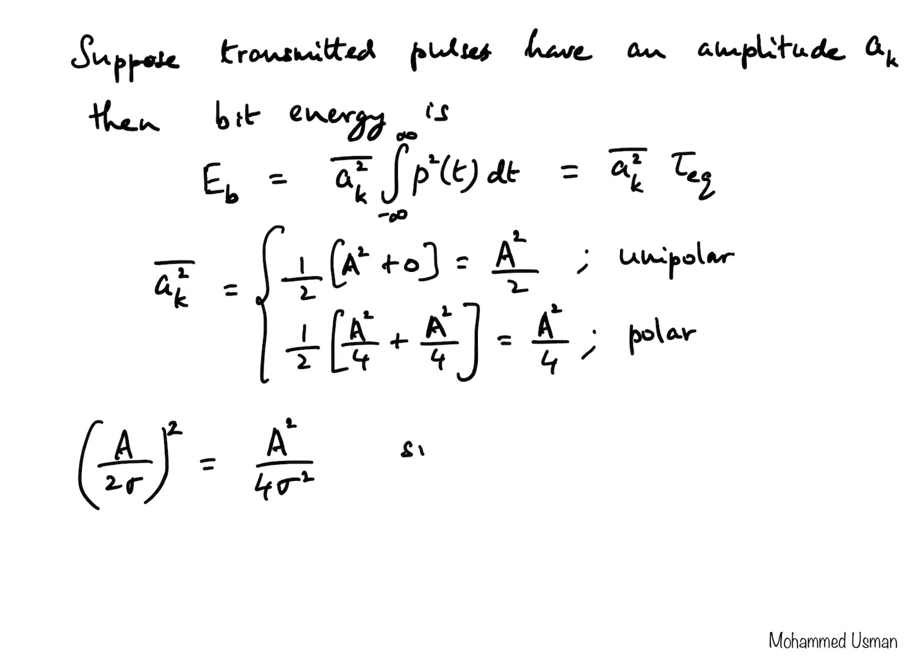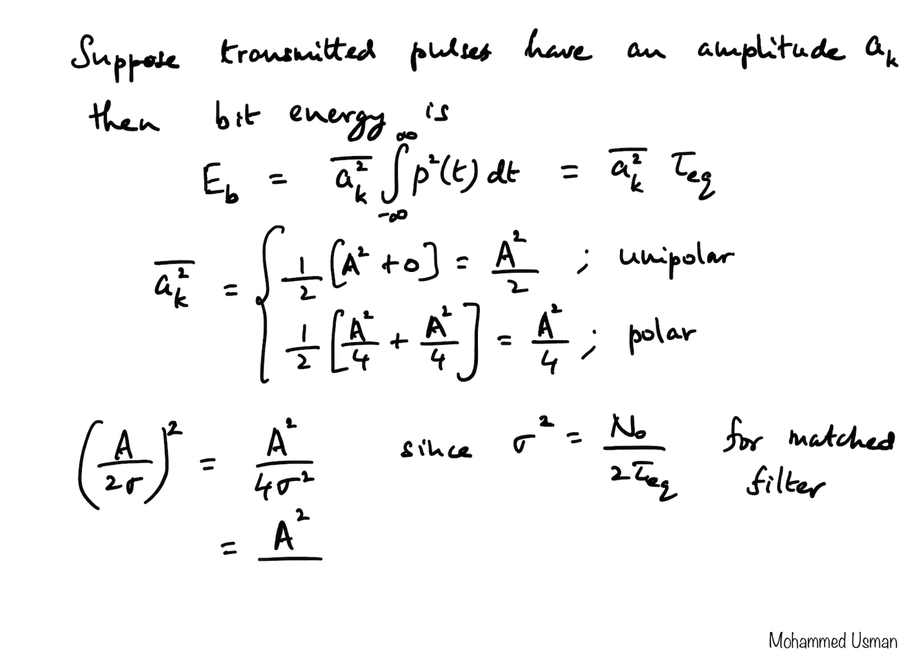Now we're going to use sigma square, which is equal to N naught by 2 times tau equivalent, which is the minimum value of the noise power that is possible, and that minimum value is achieved using a matched filter. Correspondingly, we can now write this A by 2 sigma the whole square, which is A square by 4 sigma square. In place of sigma square, we put N naught by 2 tau equivalent.